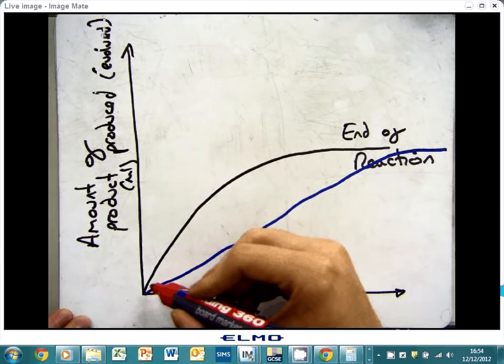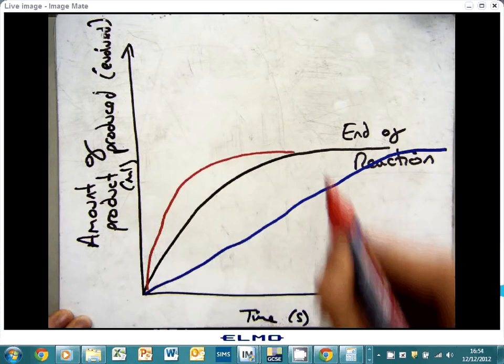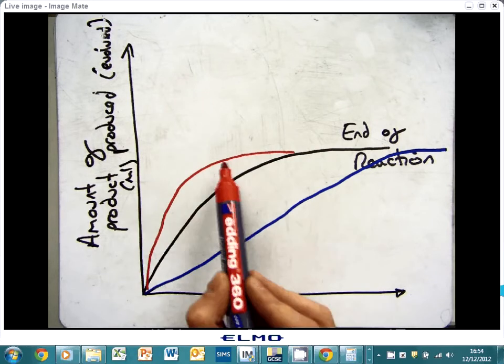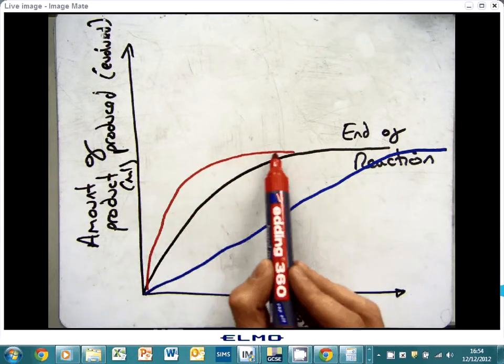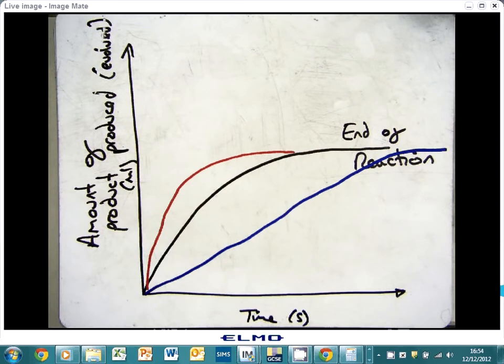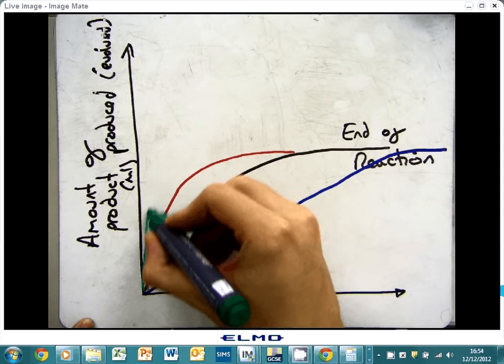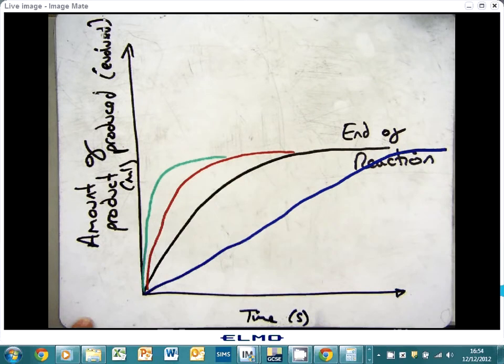If we were to have a faster rate of reaction, it would look like this. The products are formed in a shorter amount of time and reach the end point, the end of reaction, much quicker. So for example, this one here is an extremely fast reaction.